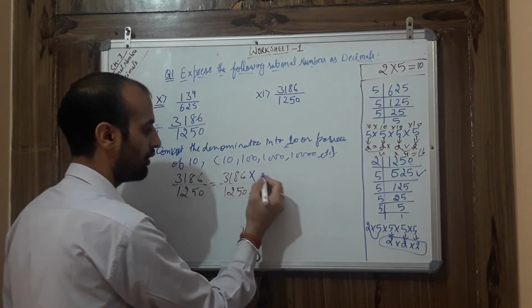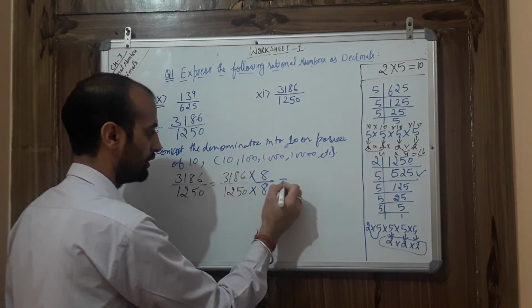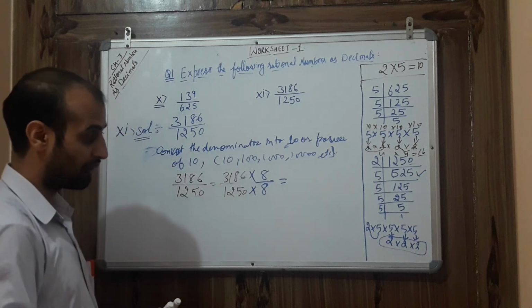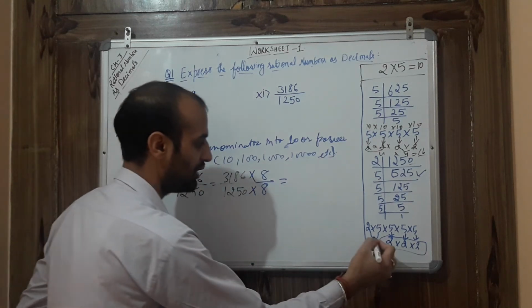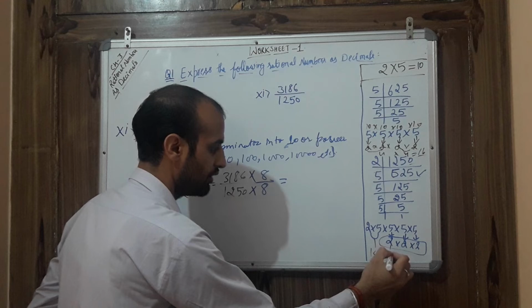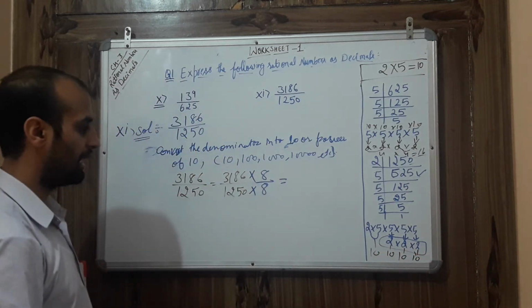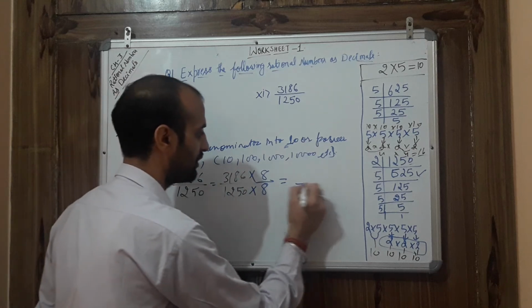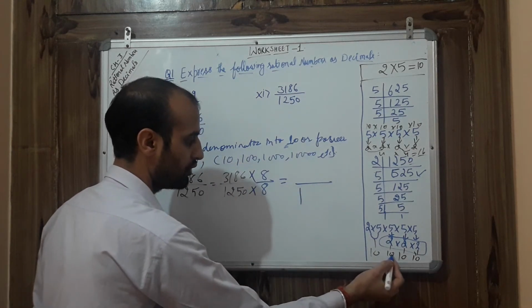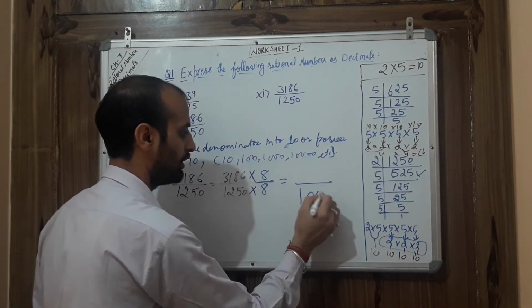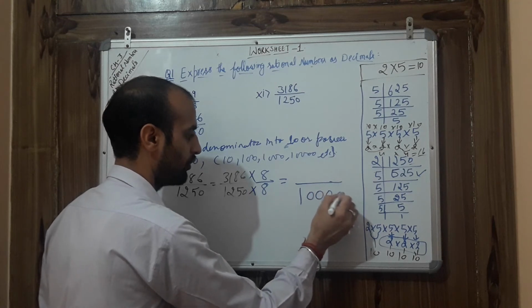So here the number required is 8. So once again you will face that problem, how to multiply. Just see how many tens are there. 1, 2, 3 and 4. So 4 times tens are there. Directly as I told you, just put 1 and 4 zeros.